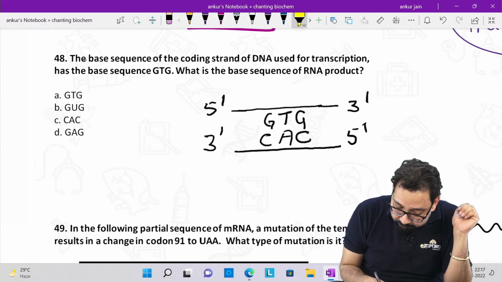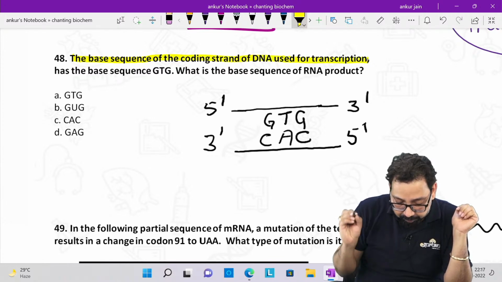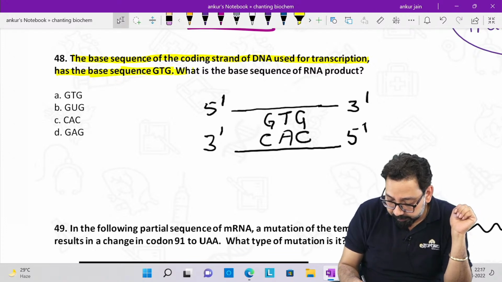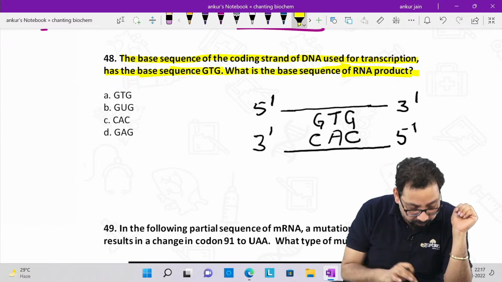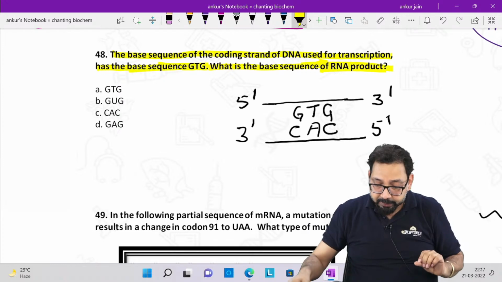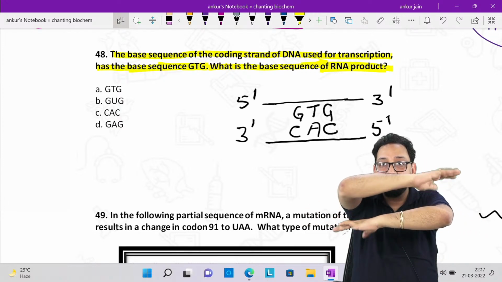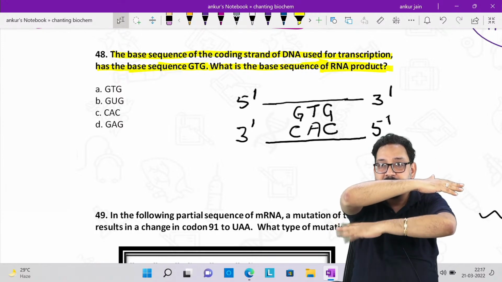The base sequence of coding strand of DNA used for transcription has the base sequence GTG. What is the base sequence of RNA product? Look at me. In double-stranded DNA, this is one strand, second strand.